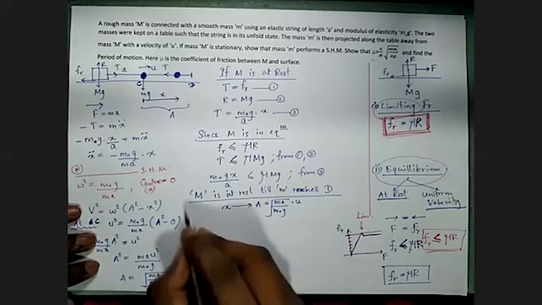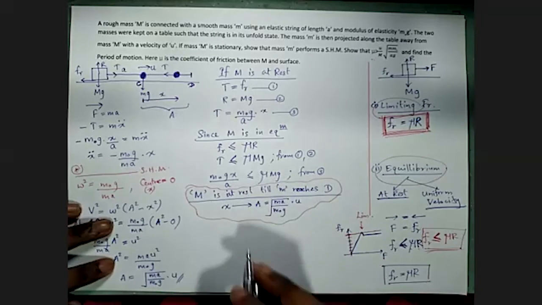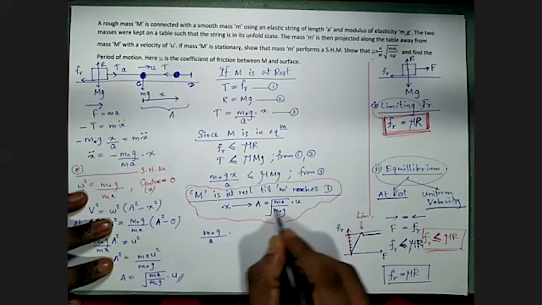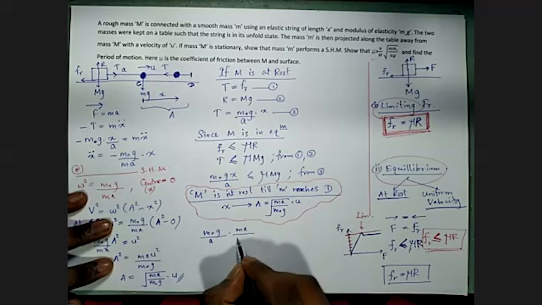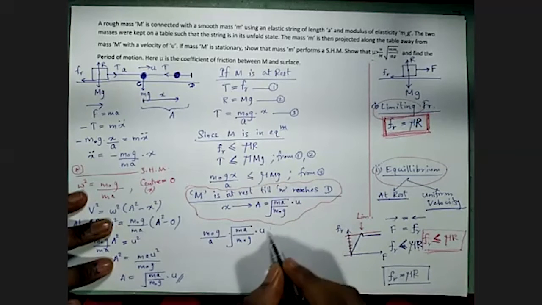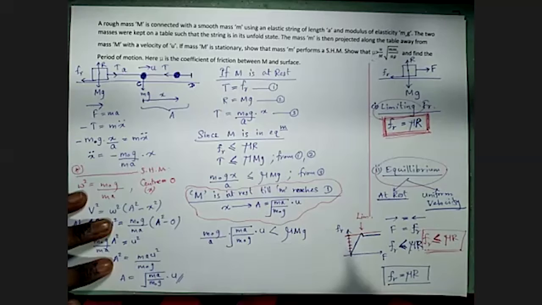This is very important. Therefore, I can replace x, so this m naught g divided by a into x, x is this one, is less than mu Mg. Because of the same reason, we can avoid the equal mark.